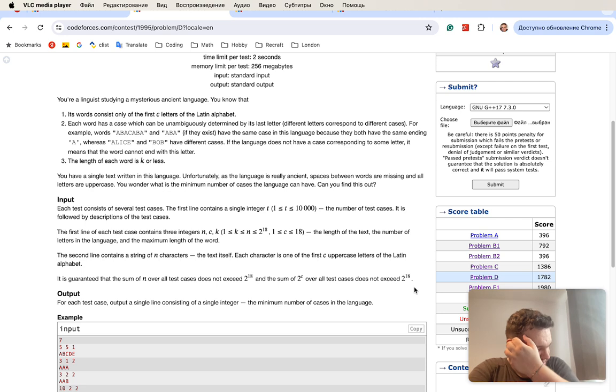So, okay, we can say that. So fix kind of the left border, but for every border, consider this border and consider what is the distance to the closest ending letter.